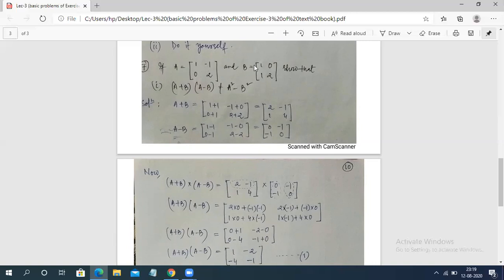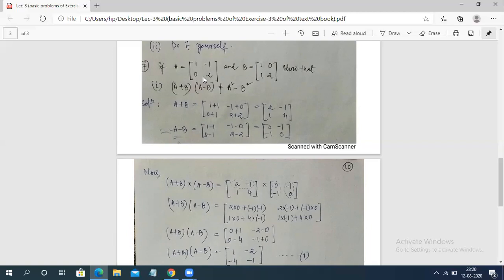This is matrix A, this is matrix B. By the property of addition of two matrices of the same order, A11 will be added with B11. So 1 plus 1, minus 1 plus 0, 0 plus 1 and 2 plus 2. So we are getting A plus B as 2, minus 1, 1, 4.